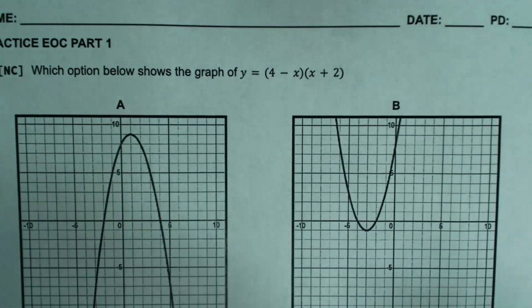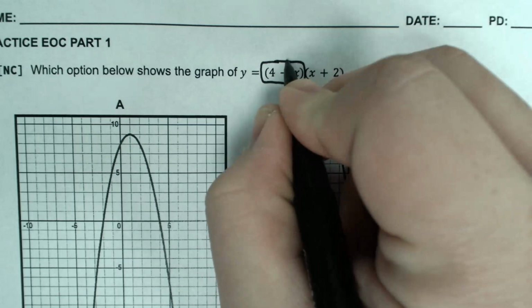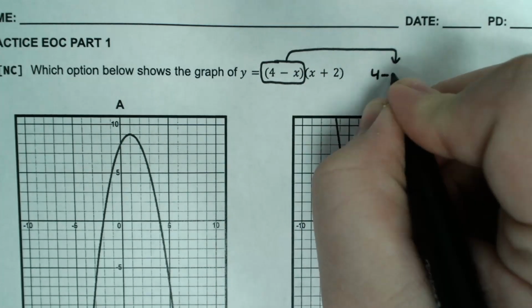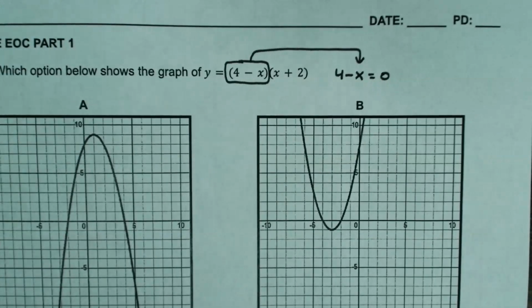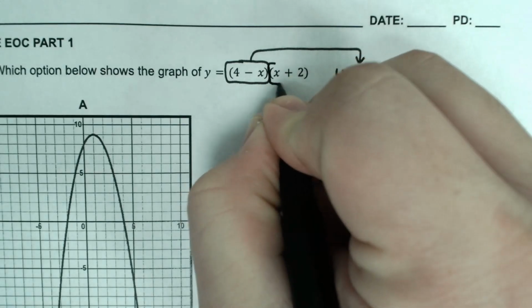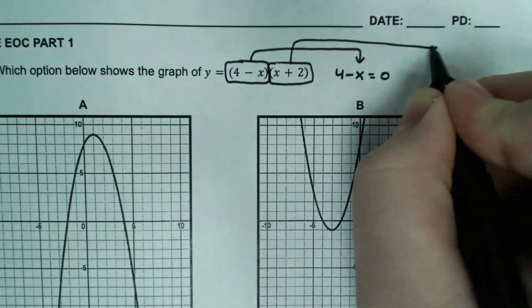All we've got to do is say, hey, let me take this 4 minus x and set it equal to 0. And then the other factor, x plus 2, I'm going to take that and set that equal to 0.